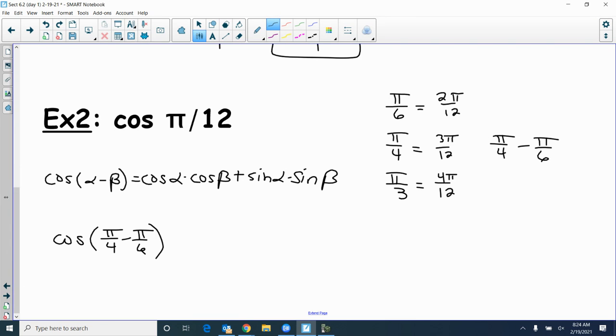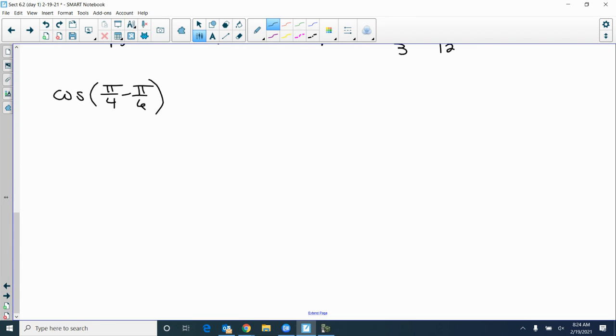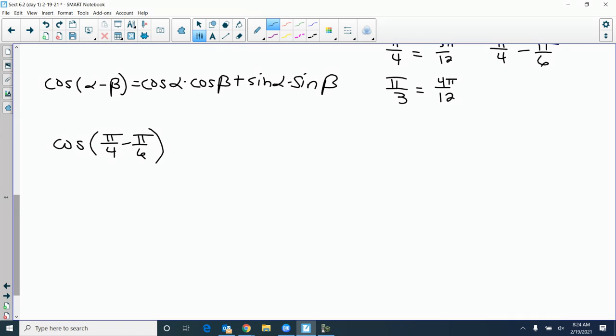So now this becomes cosine of the first, which is pi over 4, which is 45 degrees, times cosine of pi over 6, plus sine of pi over 4 times sine of pi over 6.